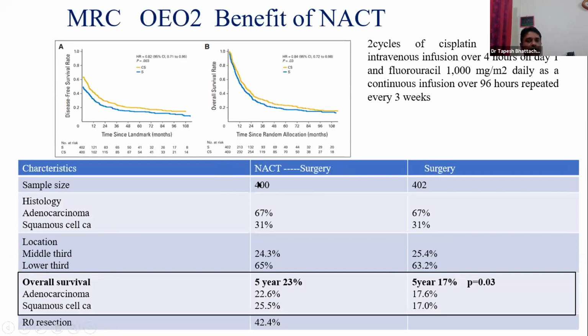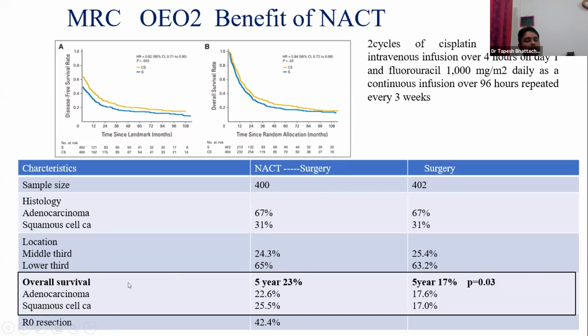this was 400 patients in the NACT followed by surgery arm, and around the same 400 patients in the surgery arm. In histology, 2/3 of the patients in both arms had adenocarcinoma and 1/3 had squamous cell carcinoma. In location, 65% of the patients had lower third esophageal tumors and only 1/4 had middle third location.